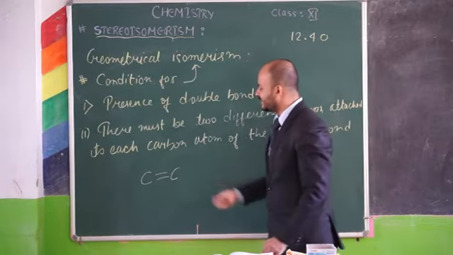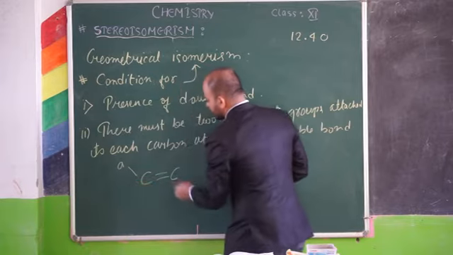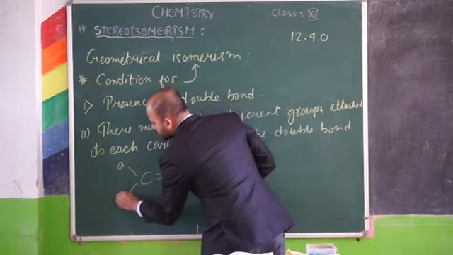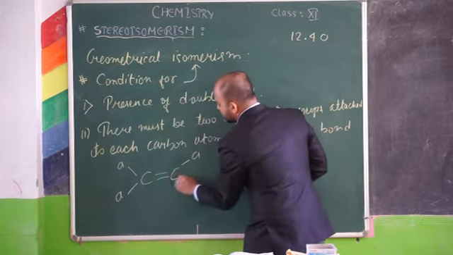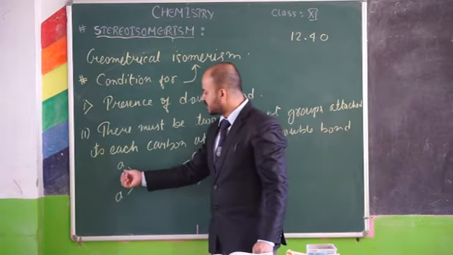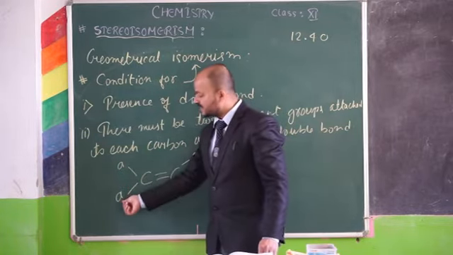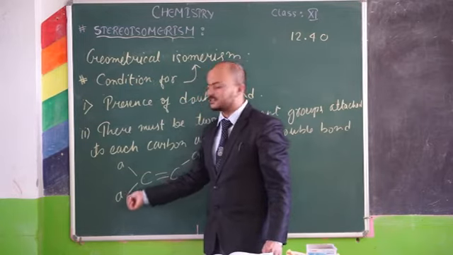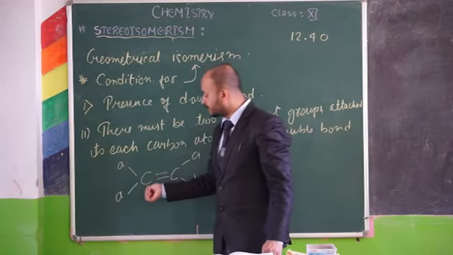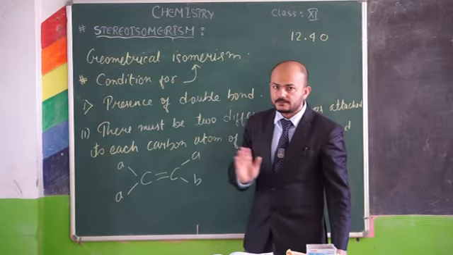The second point is, now suppose you have group A here and say group A, and here A and B. Now you can see in this compound, this group A is attached to this carbon, and again the same group A is attached to this carbon atom. Such compounds will not show geometrical isomerism. Please remember this.